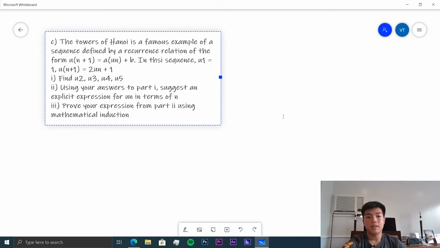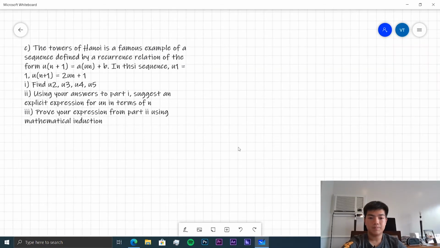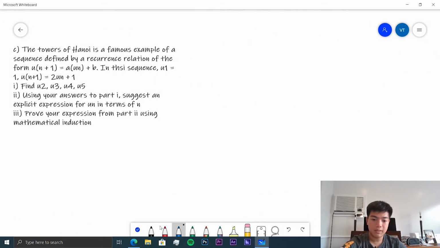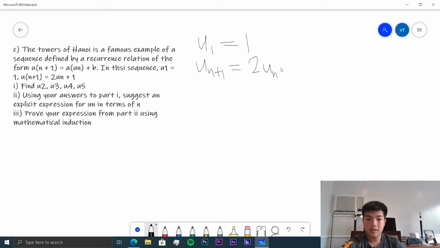So we have the n plus 1 term, or the next term, is equal to 2 times un plus 1. So this means the second term is equal to 3. The third term is equal to 2 times 3 plus 1, which is 7. The fourth term is equal to 15.